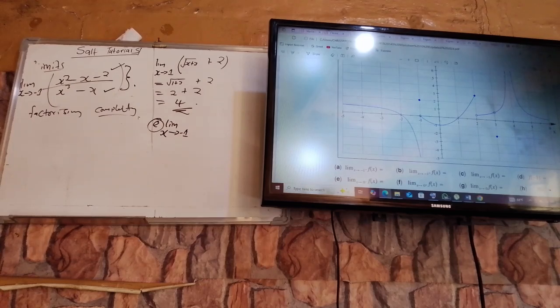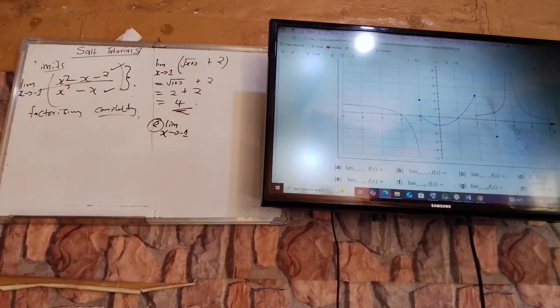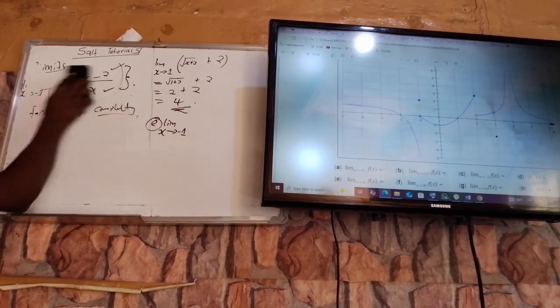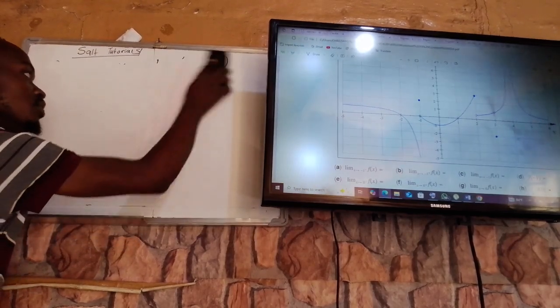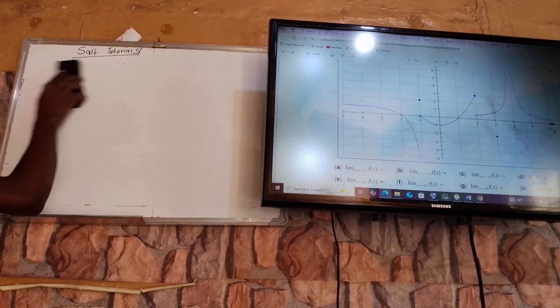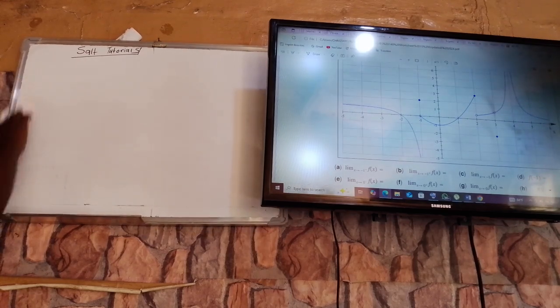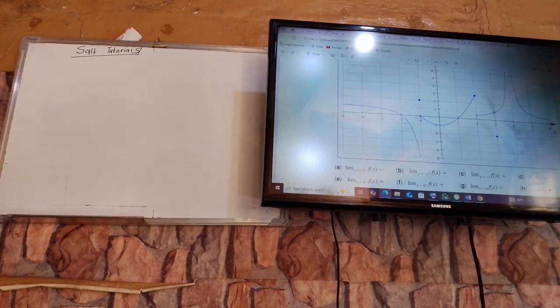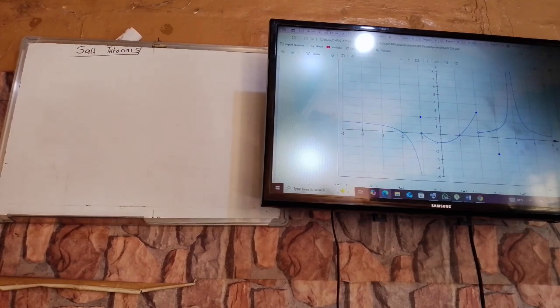So in the graph there, remember, when understanding the concept of limits, we have to be able to understand that limits is just a matter of knowing what you are approaching and what the whole graph is going to approach. So this is question number, what question number is this of the worksheet? Question number 6 of that worksheet, which involves graphs.